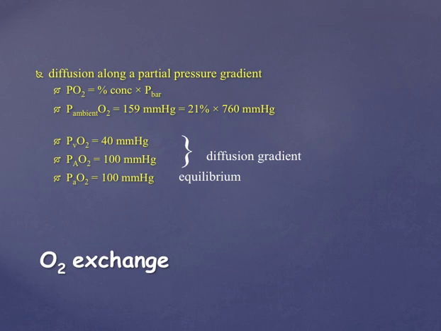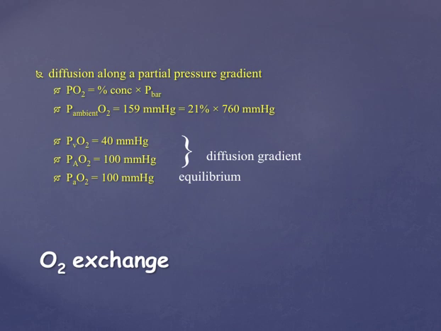The percentage of the air that is oxygen is about 21. So the air is 21% oxygen, 78% nitrogen. So the partial pressure of oxygen in room air, in ambient air, is 159 millimeters of mercury, 21% times 760.